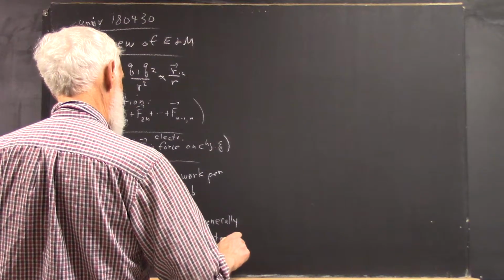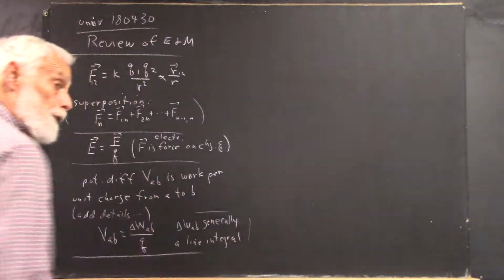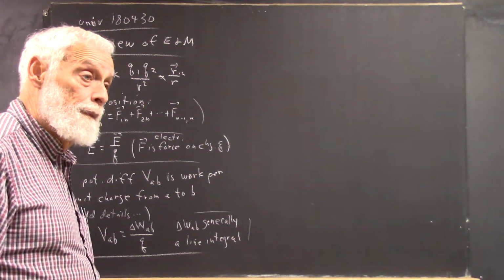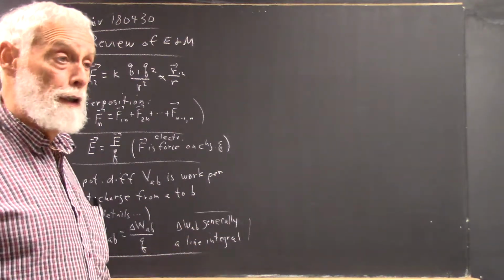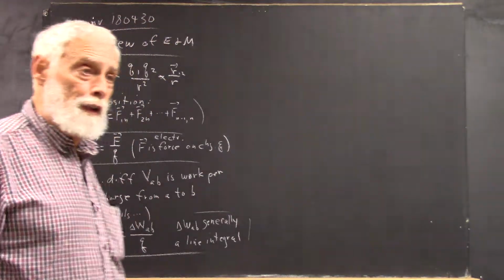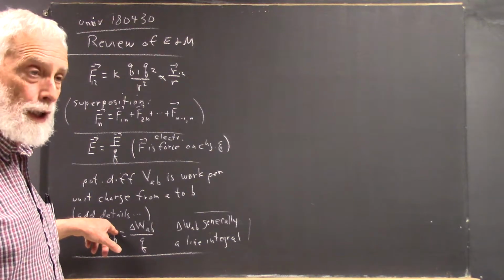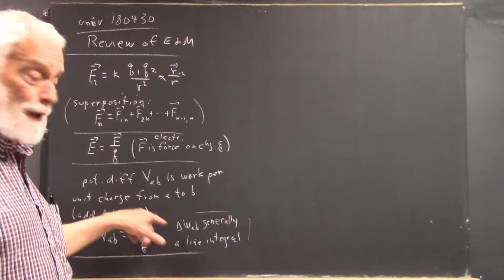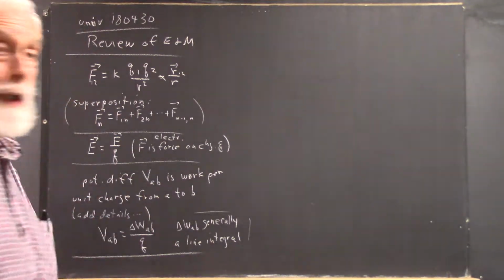Although there are limits on the kind of line integrals that I can ask you to do in this course, because the prerequisite is just a year of calculus, and you don't do line integrals in the first year of calculus. But everybody knows line integrals, and it just helps you understand the whole concept of potential difference if you know what a line integral is and how it applies in this situation.